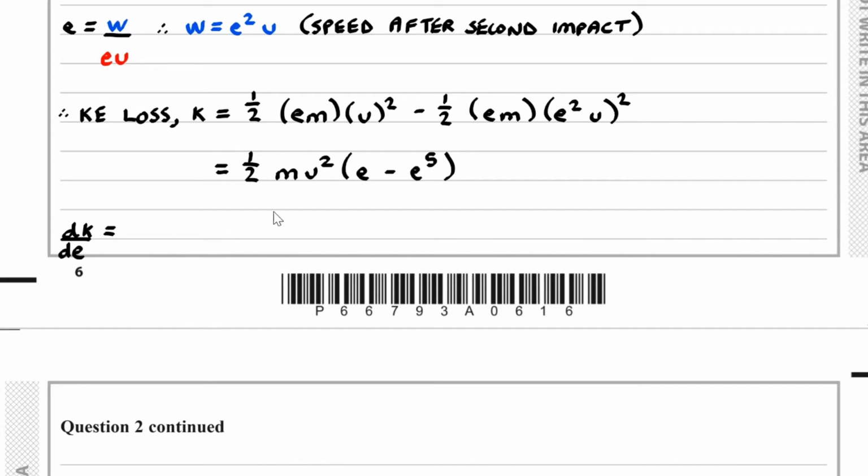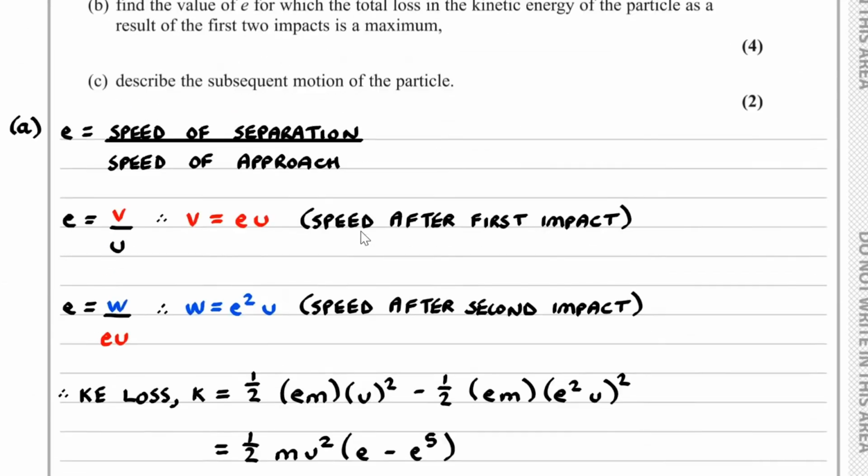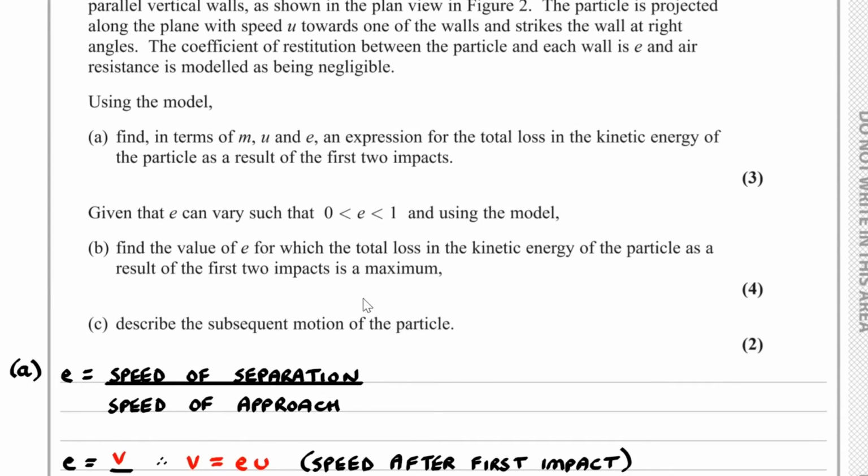And if I differentiate the result here, I have 1/2 m u squared lots of 1 minus 5e to the power of 4. We are looking for the rate of change of k with respect to e to be a maximum, and it's a maximum when dK over de is equal to 0.